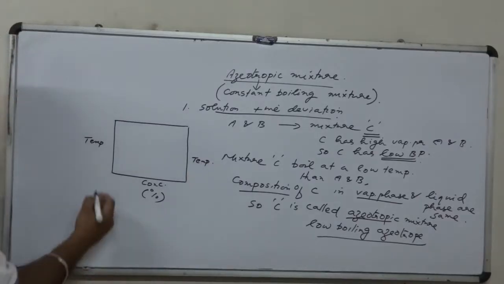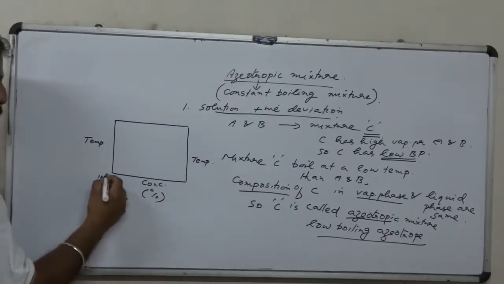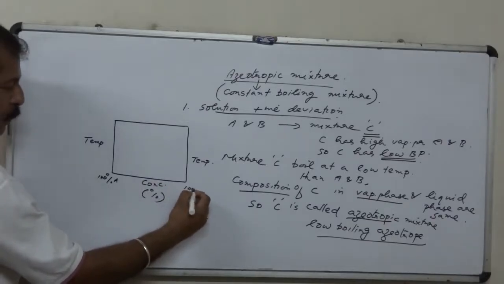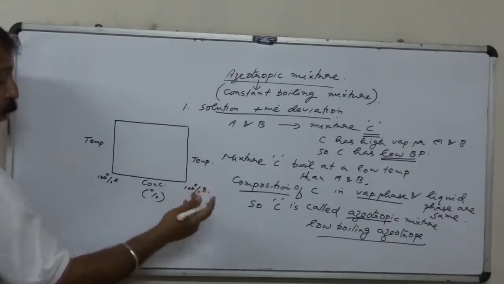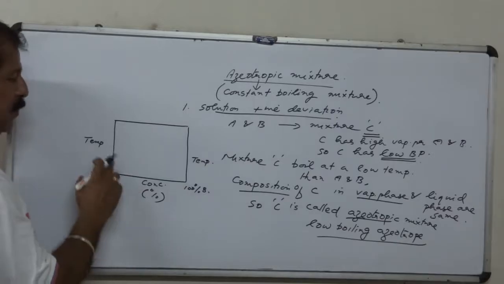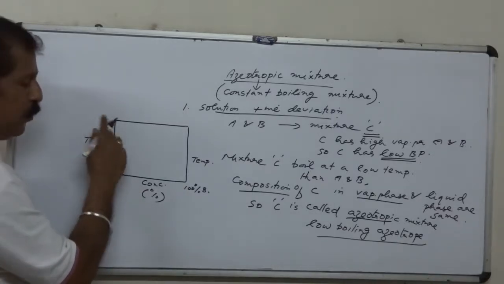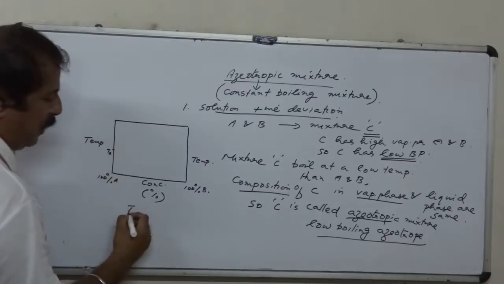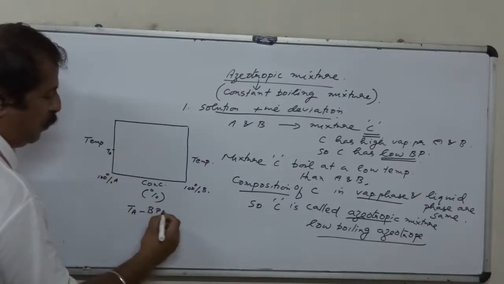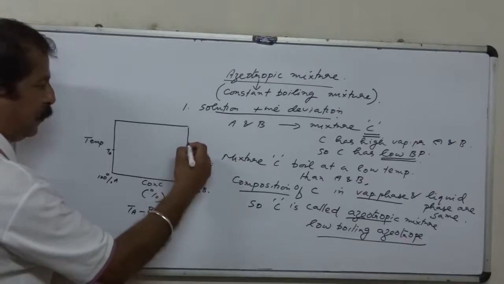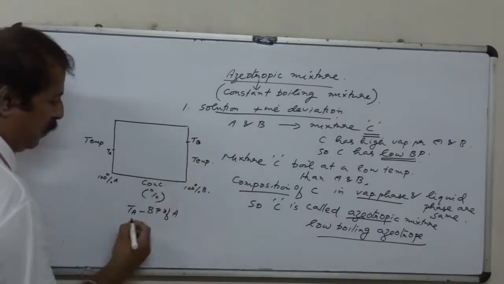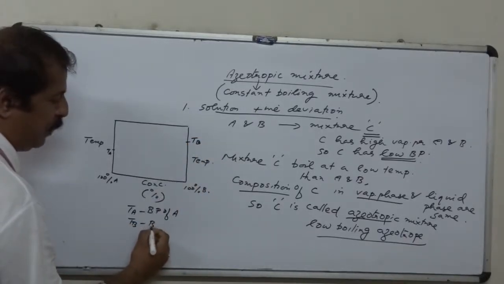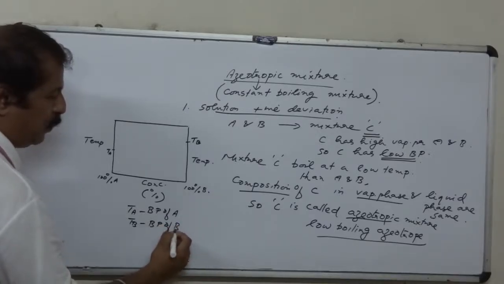Here you have 100% A, here 100% B. You know, in the previous graph for positive deviation, P0A is having maximum height, so the boiling point will be very low. So here I am putting TA, the boiling point of A, and here TB, the boiling point of B.